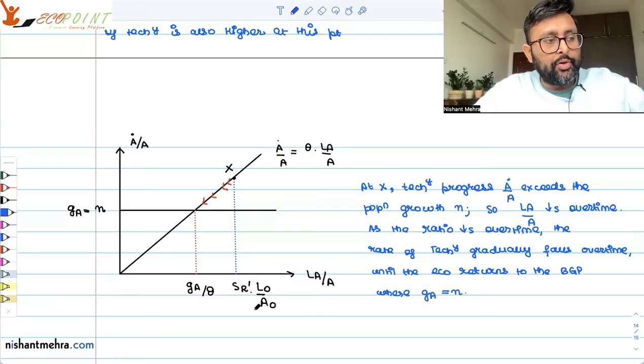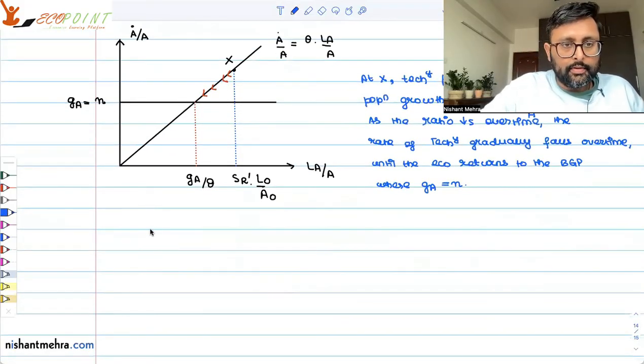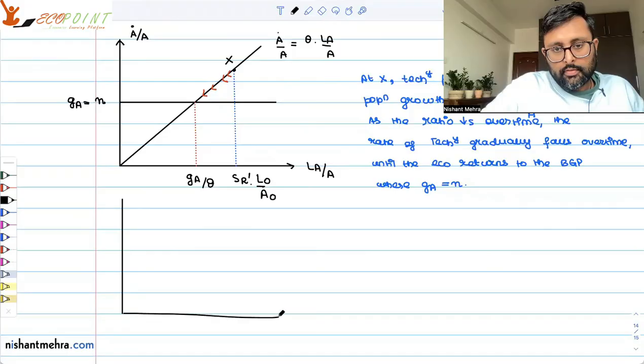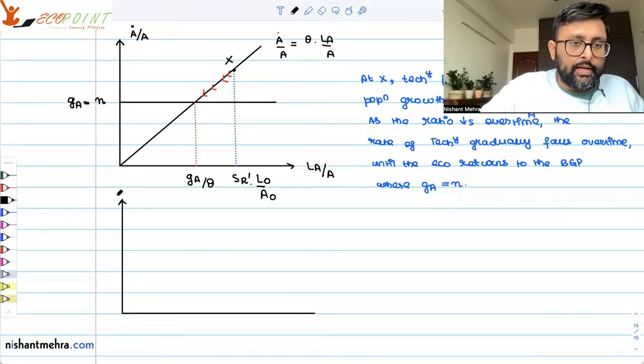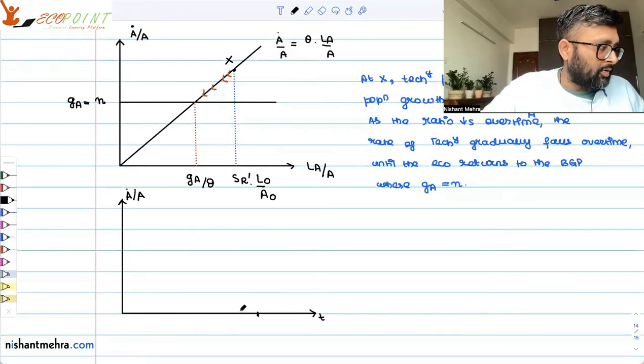So if you look at it carefully, the time path is going to be like this. Here you have the growth of technology, here you have time, and here you have this T or whatever, right?